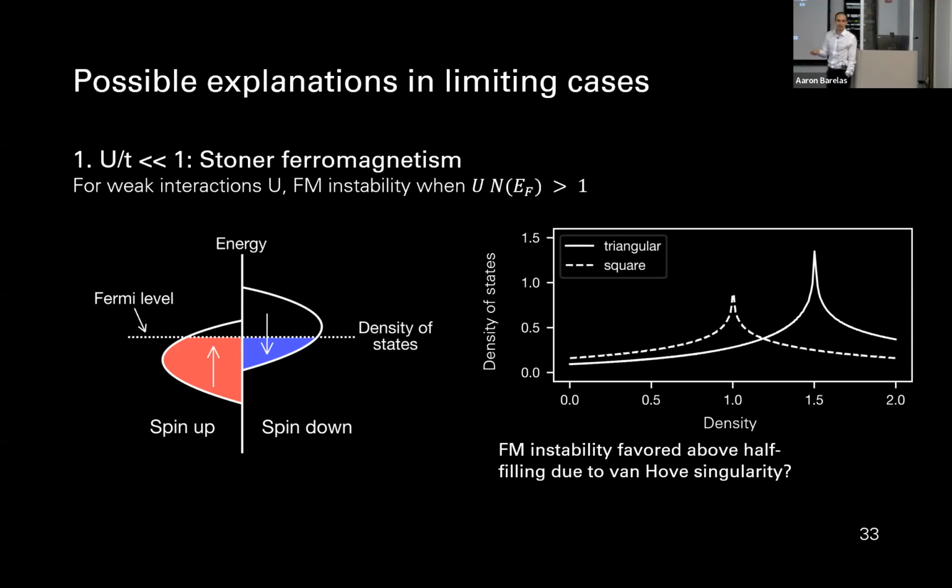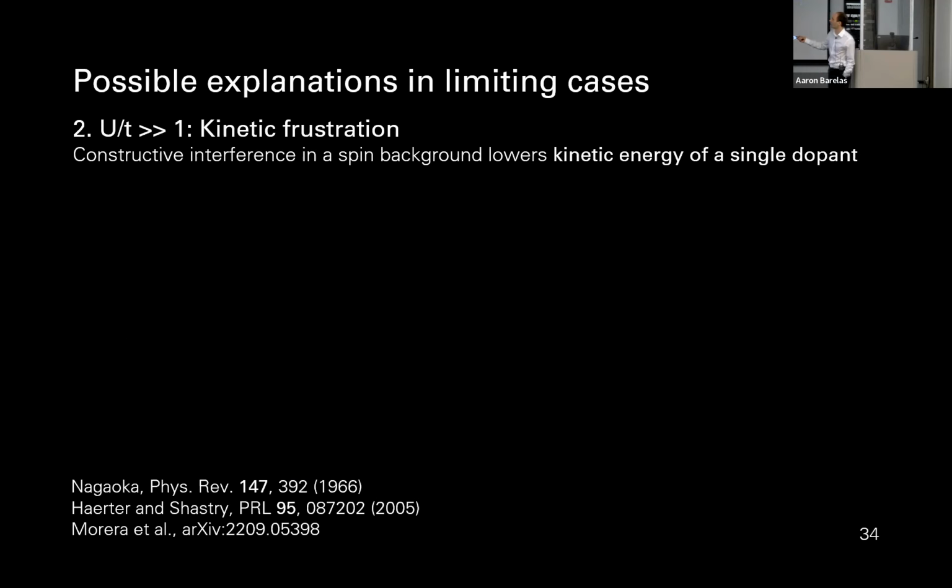Another reason why you could have this particle-hole asymmetry, in another limit of very strong interactions, is so-called kinetic frustration, and maybe I'm going to be very fast on that, and I'm happy to answer more questions about it. You can essentially see it as an effect of constructive interference of a few dopants populating a given spin background as it is trying to delocalize over the entire background.